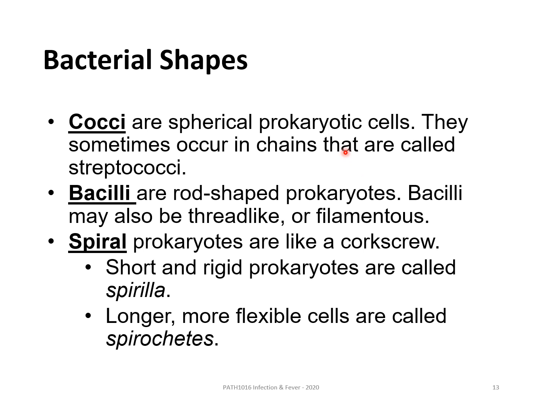Now, in particular, you're going to have to know a couple of very simple things about bacterial shapes. The reason is that you're going to see certain things popping up on lab reports for what we call cultures.